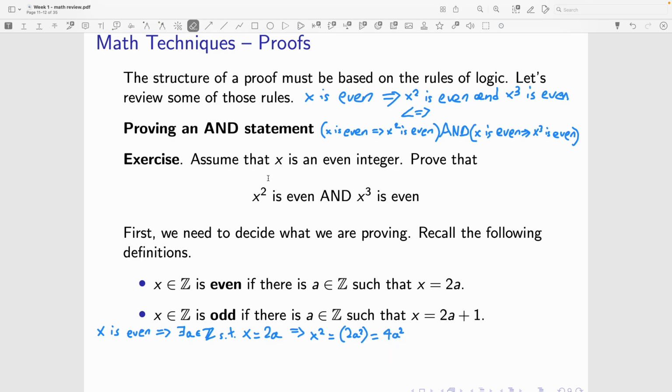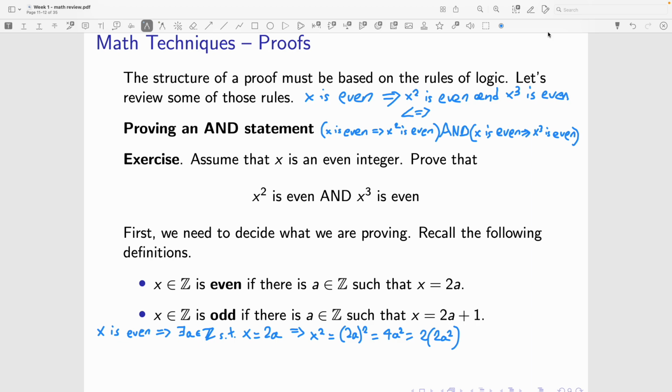Put the exponent in the wrong place. There we go. So, we're squaring 2a, which we know is equal to x. We get 4a squared. And then we rewrite that as 2 times 2a squared.